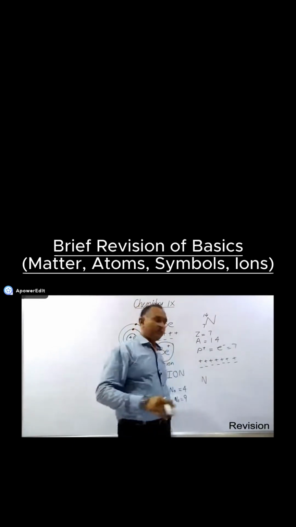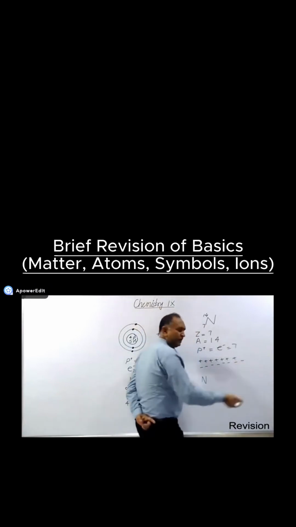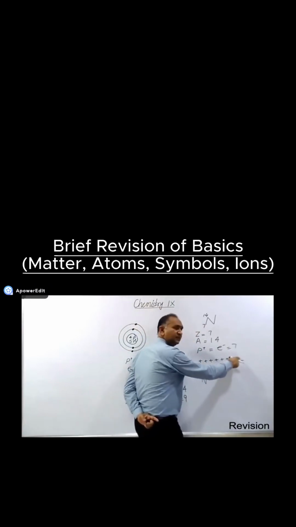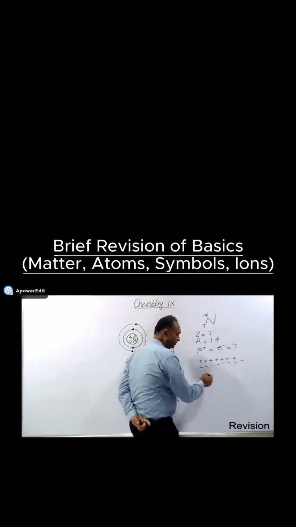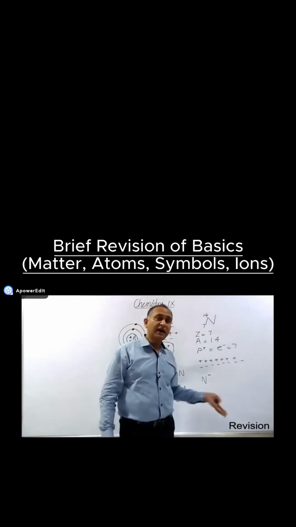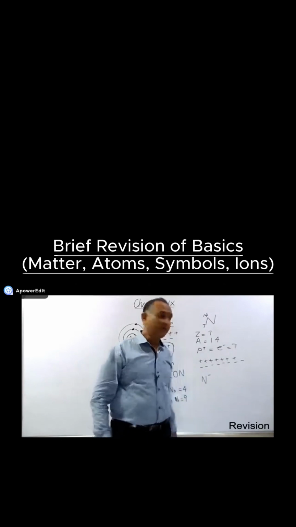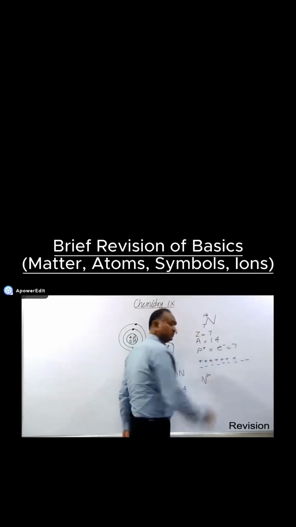Let's suppose it has just taken 1 electron or 2 electrons from somewhere. Now there is an imbalance. We will write N with a minus. 1 minus means it has absorbed 1 electron. Suppose it accepts 2 electrons, we should write 2 here.